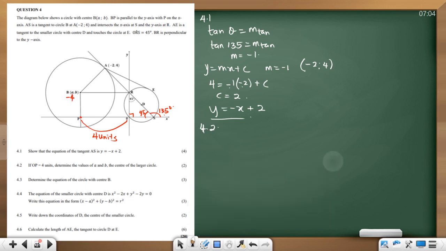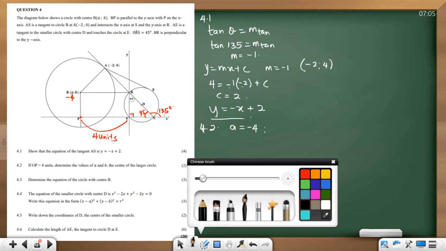That has been done already. Check. Very important concept when it comes to the center of a circle. All right. So OP is 4 units. We're not looking for the radius. Please get it. We're looking for the center. So A is -4.